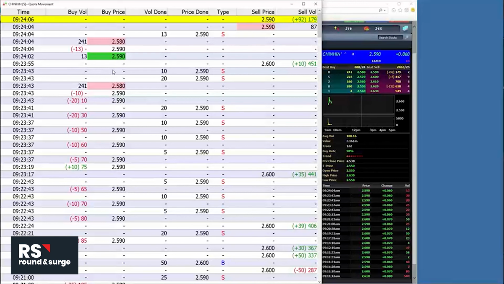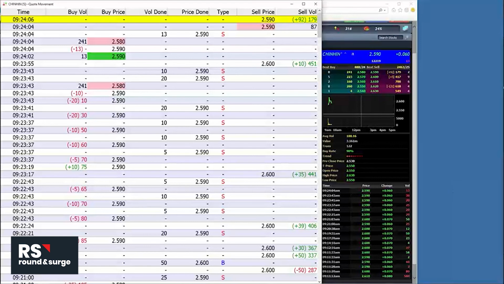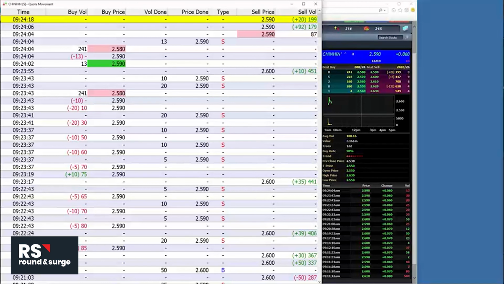The only chance for you to exit is at 258. So that's why I say if you look into these kinds of stocks, you have to be sharp and also exit quickly. So far, entering at 255 in paper trades, we have a profit of 160.